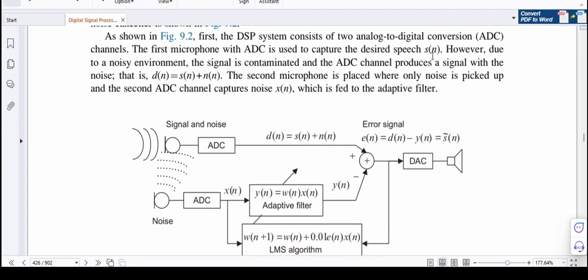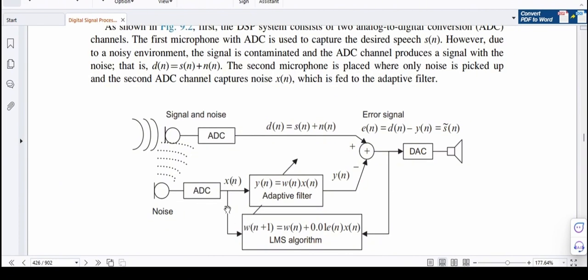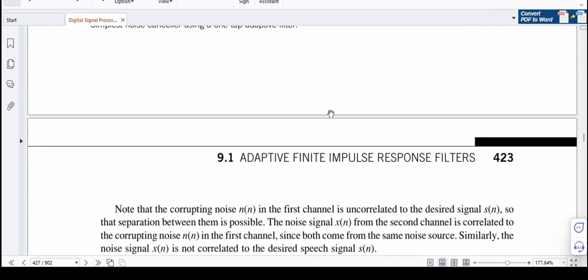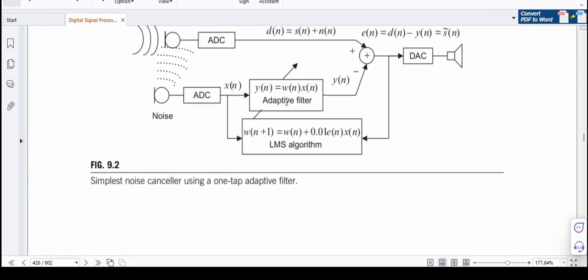Due to a noisy environment, the signal is contaminated, and the ADC channel produces a signal with noise. A second microphone is placed where only noise is picked up, and the second ADC channel captures the noise x(n), which is fed to the adaptive filter. Then we use the LMS algorithm there.